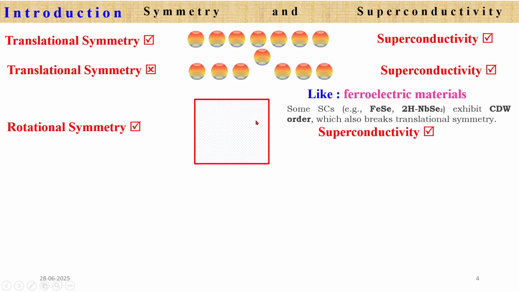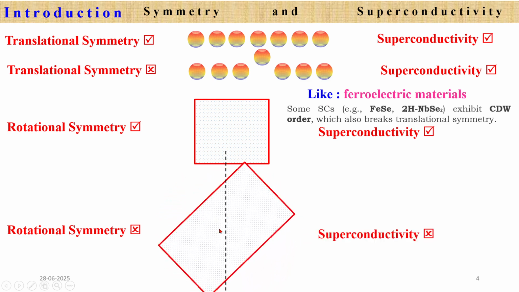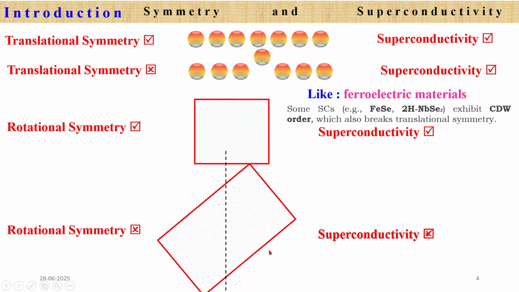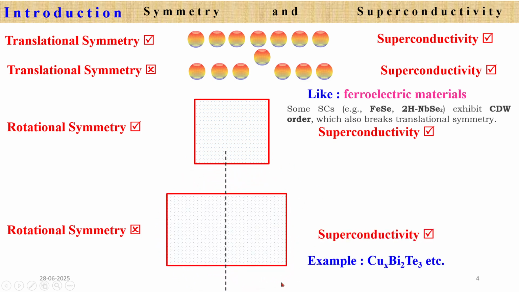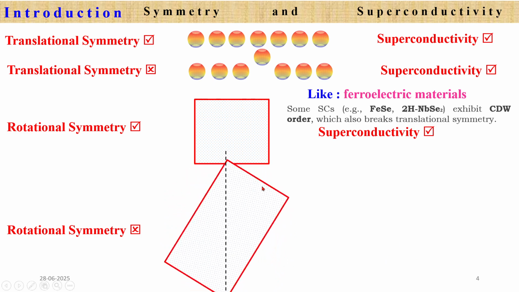This is the real space view, and another one. This is the rectangle, which breaks the superconductivity because under rotation the symmetry is not the same. This is the two-fold view, the two-fold structure. One important thing is that this is shown in real space, and the superconductivity is breaking here, as you are seeing that the crystal structure is not the same on rotation.